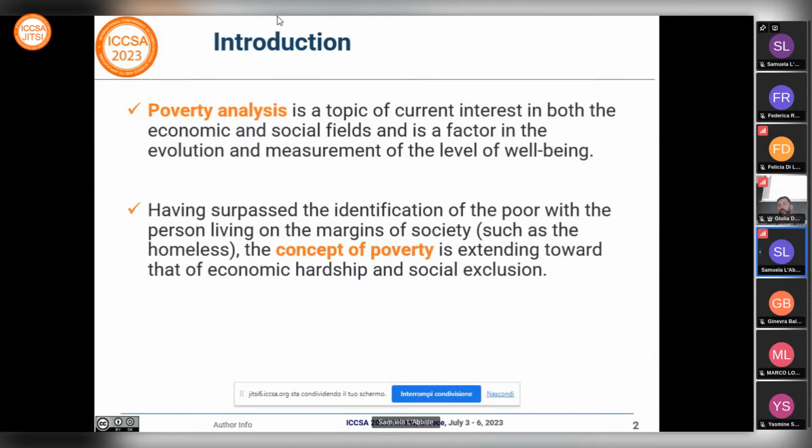A fundamental prerequisite for a proper statistical analysis of this phenomenon is the need to share an unambiguous definition of the concept of poverty. Having surpassed the identification of the poor with the person living on the margins of society, such as the homeless, the concept of poverty is extending toward that of economic hardship and social exclusion.